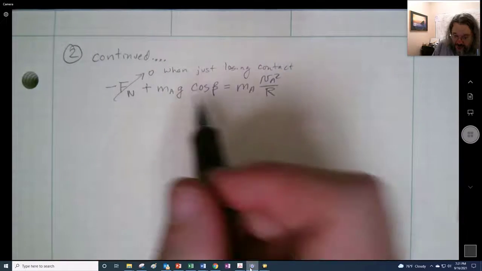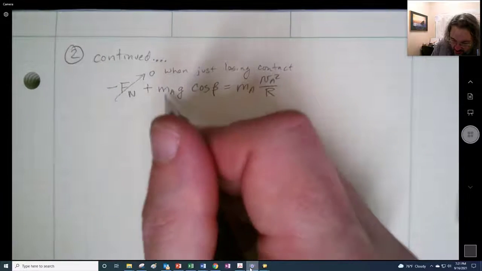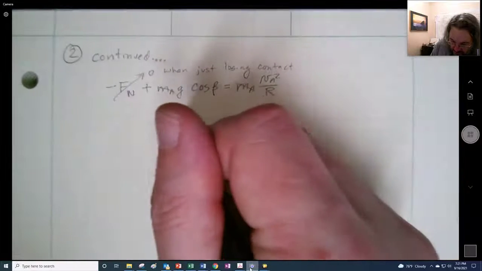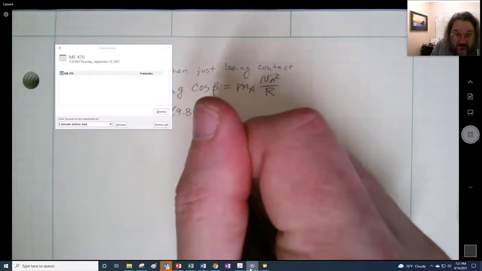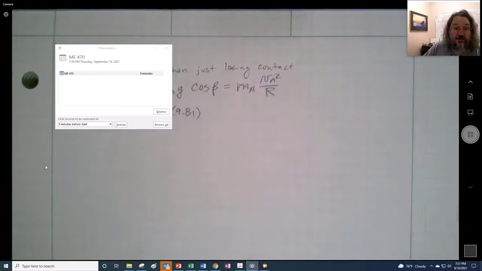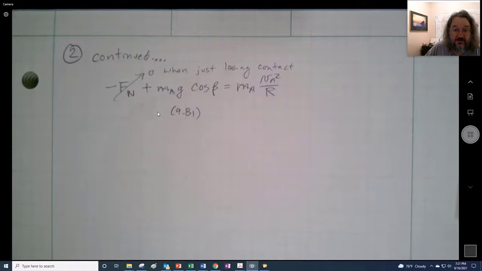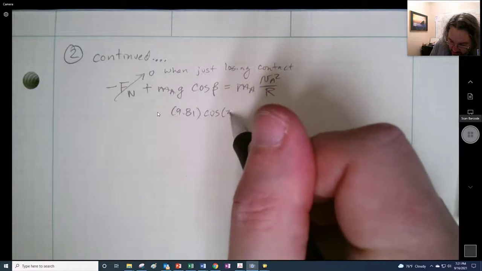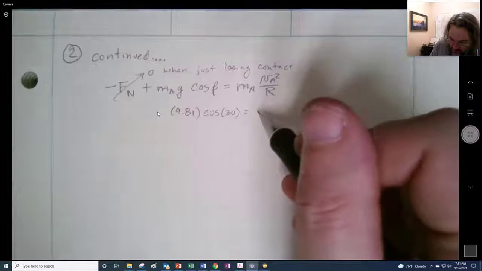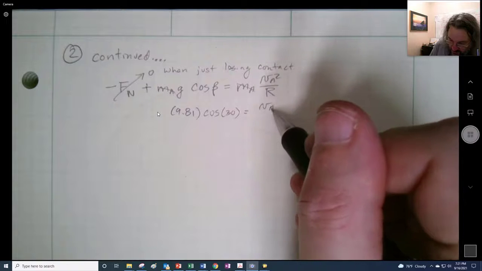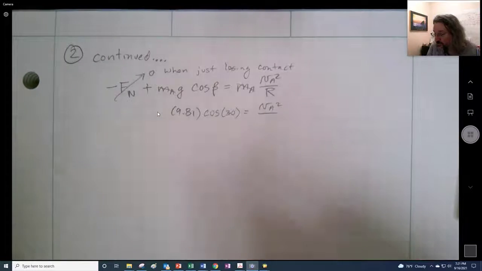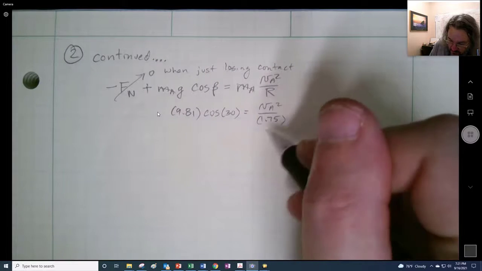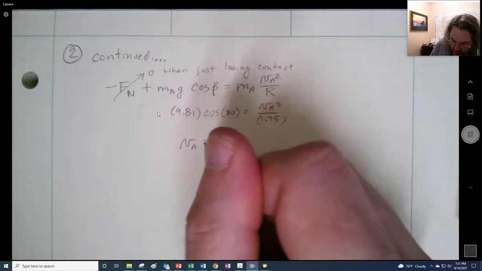When that happens, we'll also notice that the mass will cancel out. It's a weird thing that happens. So we got 9.81 times the cosine of 30 degrees equals va squared over, and the radius of this thing is 1.75. So we can find that va.